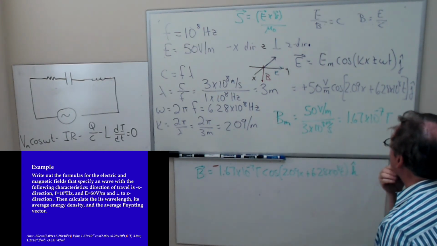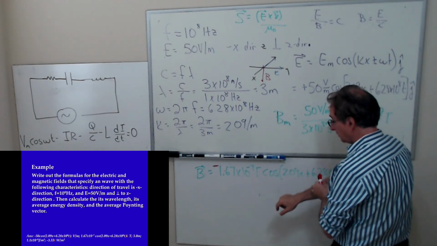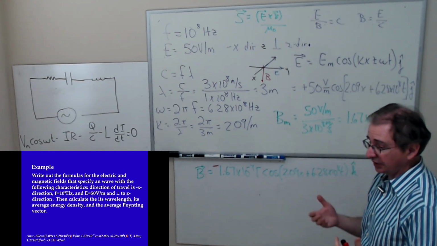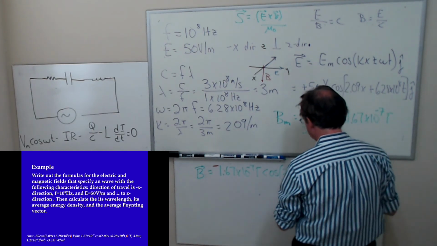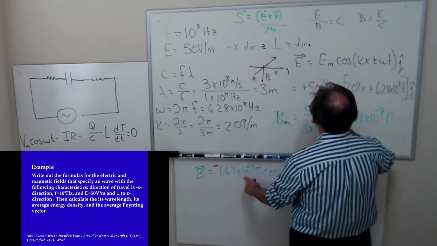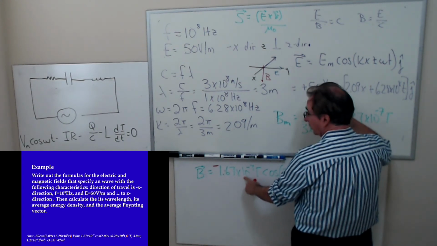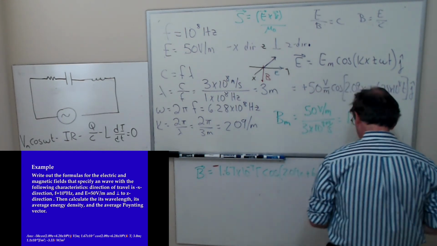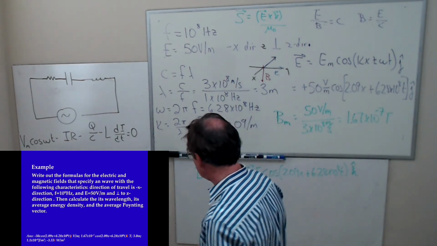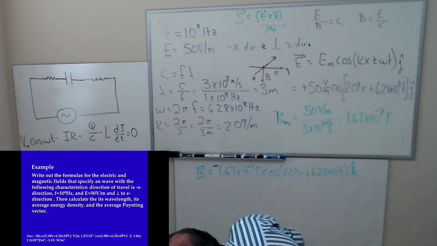Now, how do I get the pointing vector? Well, if I just want the average pointing vector, I'm going to take this times this divided by 2 mu naught.